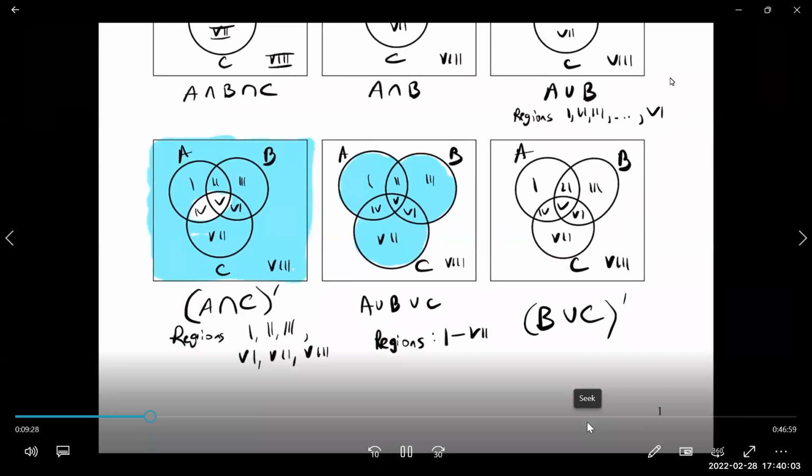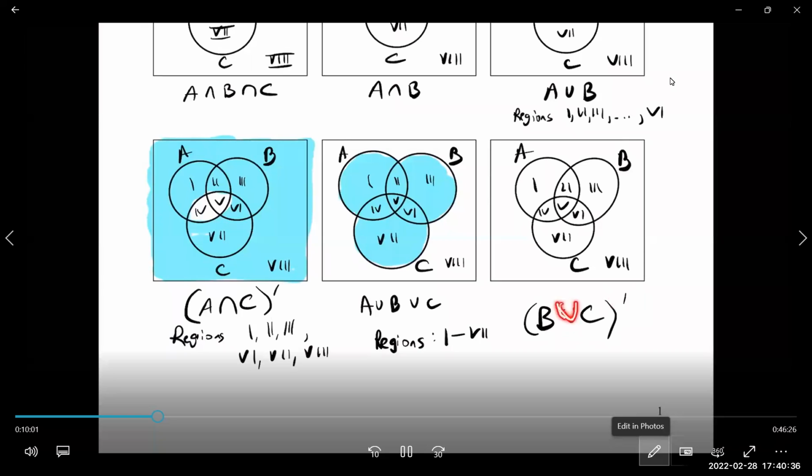B union C complement. So let's see what regions do you think that would be? B, C. So I would recommend to ignore the complement for now. What does B union C look like? 5 and 6. Careful, it's union, not intersection.